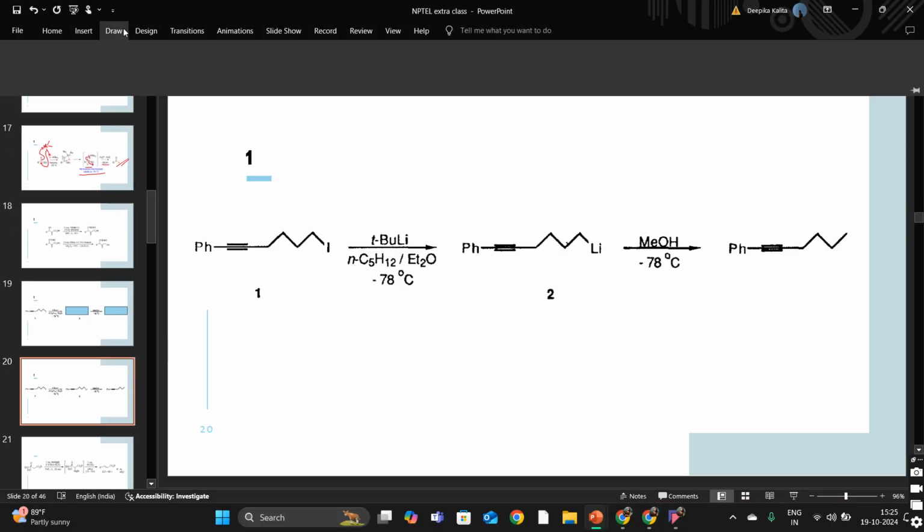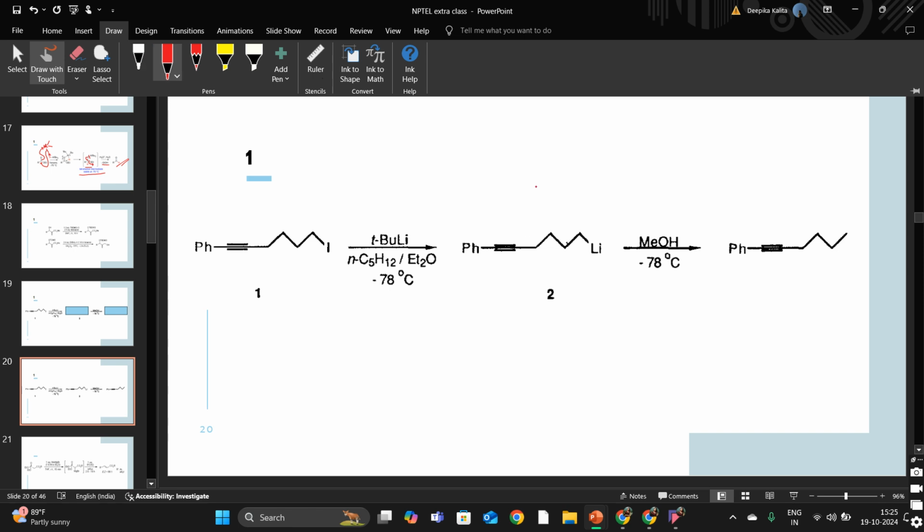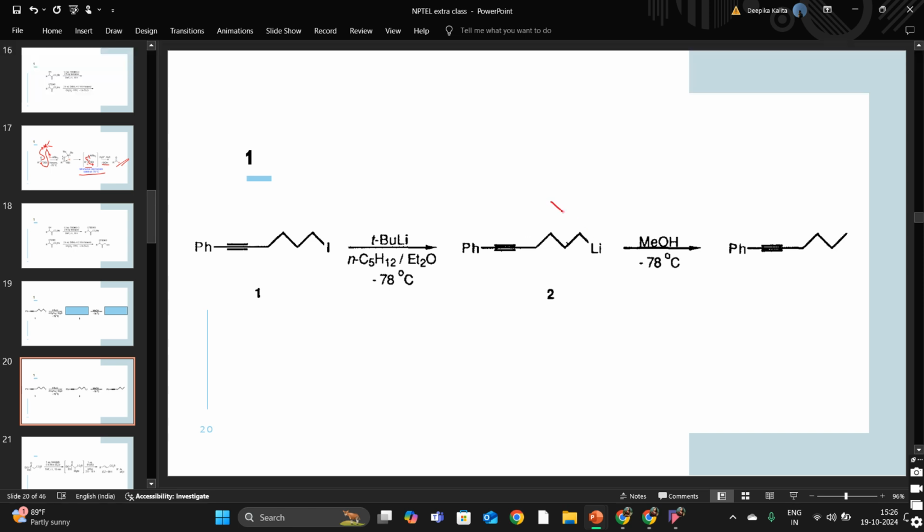And this alkyl lithium you can imagine to be C minus at this position, having the counter cation which is lithium plus.